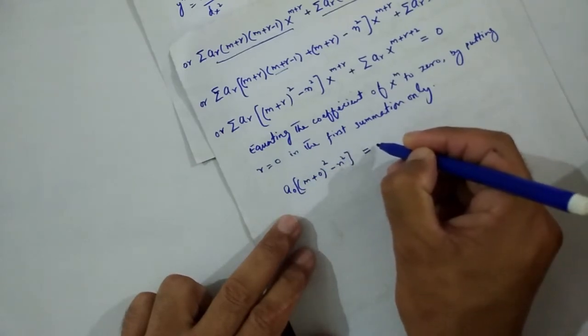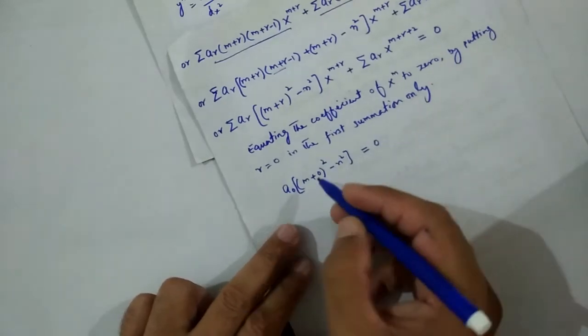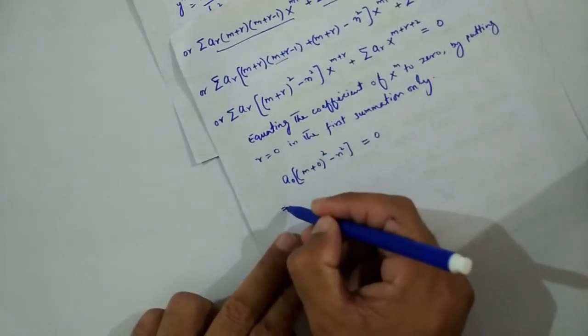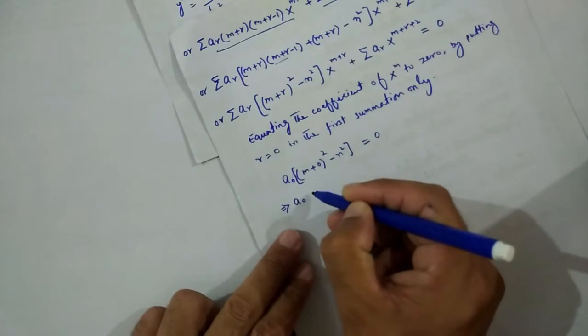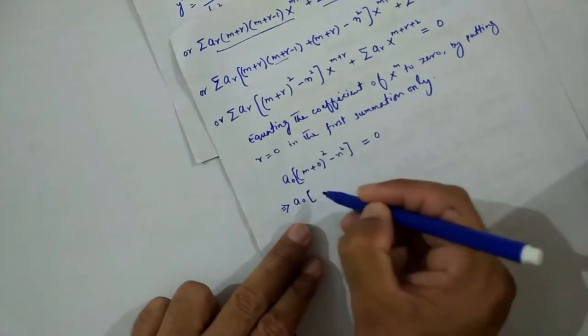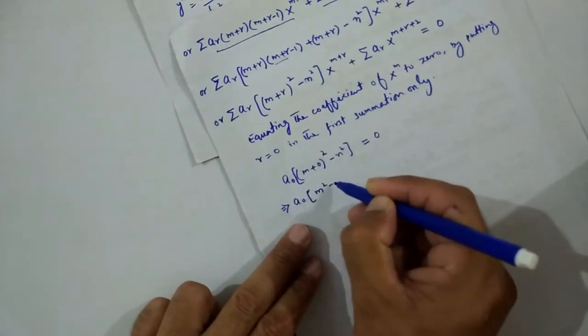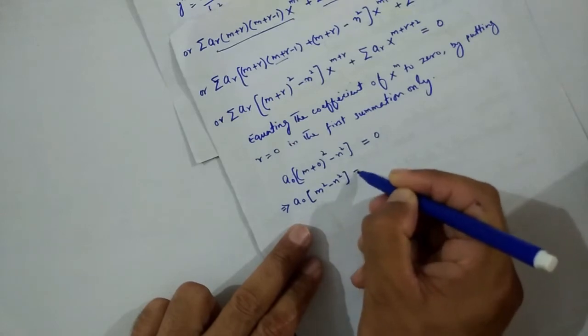This is equal to 0. So a naught into m square minus n square is equal to 0.